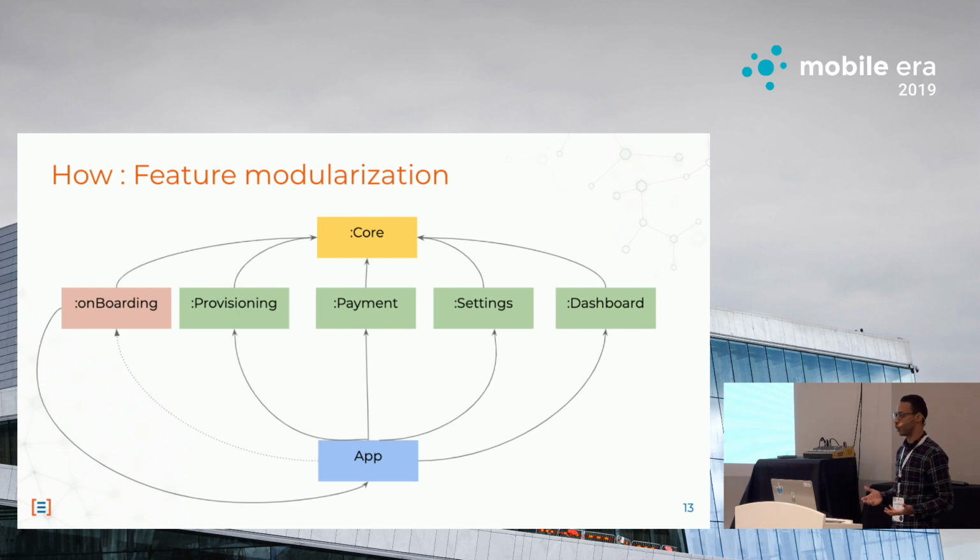They didn't see each other. So over here, the only module that depends on all the libraries is the app. It's the only one that can navigate between the features. So when provision needs to go to payment, the app should handle that.